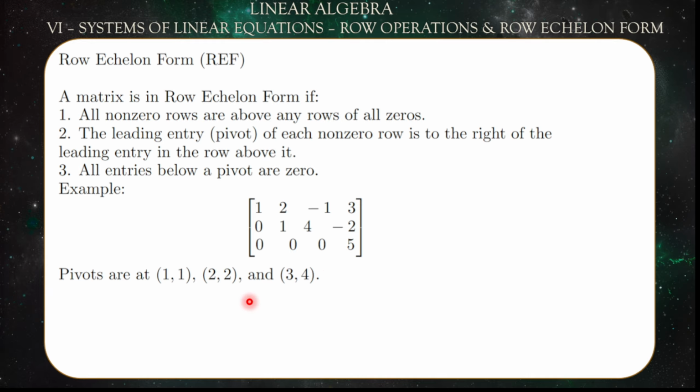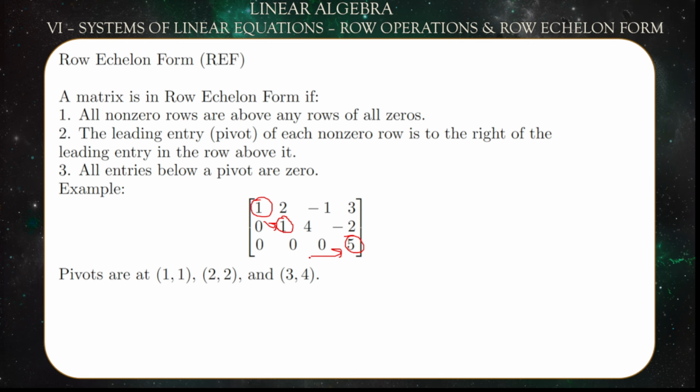Now, more than that, the leading entry of each non-zero row is to the right of the leading entry in the row above it. This is the leading entry of the first row, correct. Now the row below it, its leading entry, which is the first value that is different than 0, is to the right of the leading entry in the row above it. The third row also, the leading entry, which is 5, is to the right of the leading entry of the row above it, which is 1.